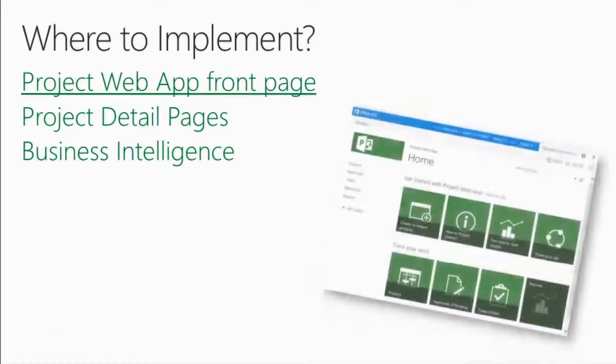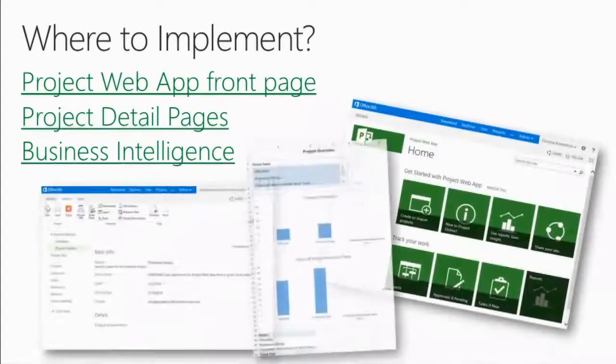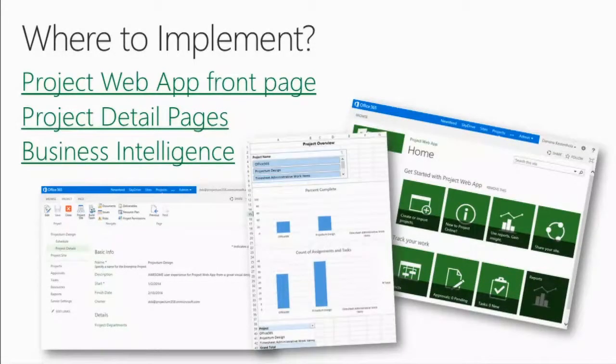So where do we want to implement the design? Matthias and I were going to focus on these three areas, which are the project web app front page, the project detail pages, and the business intelligence area. And as you can see, and as you know, the 2013 version does actually have a really nice look and feel, and it's very intuitive and you know where to go.